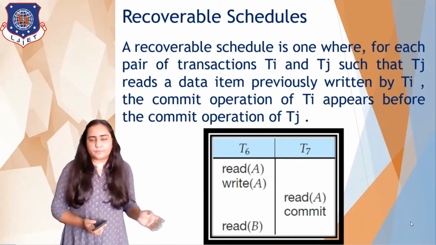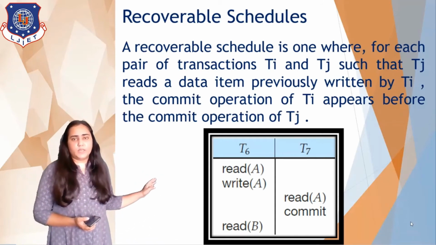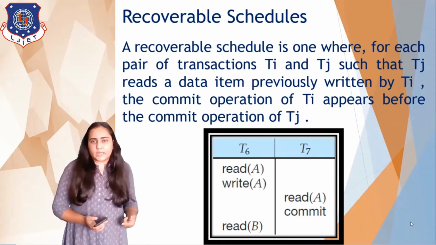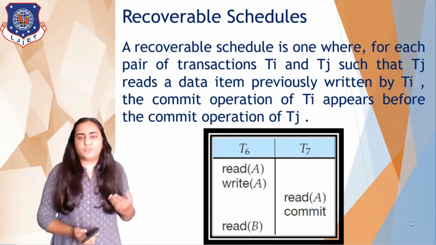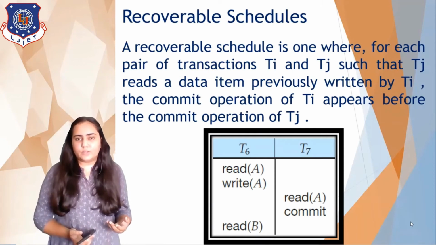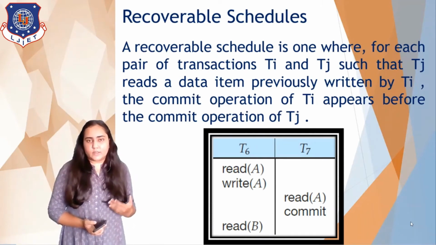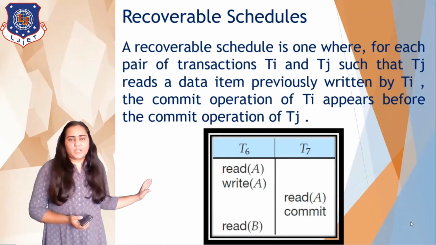Now T7 is reading A, so it is going to get the value that is written by T6. So the value read by T7 is the value actually written by T6. But T7 is already committing.